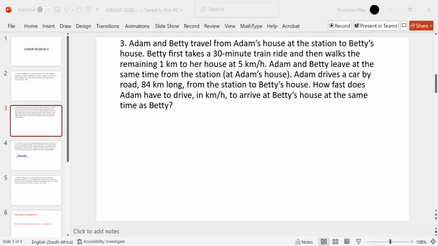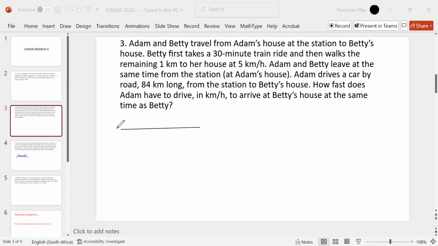All right, so you got two people. One is Adam, the other is Betty. They travel from Adam's house at the station to Betty's house. So both of them, they start together. Okay, so let's just see what's going on here. They are traveling from one point to another. Let's just draw a line to indicate that.